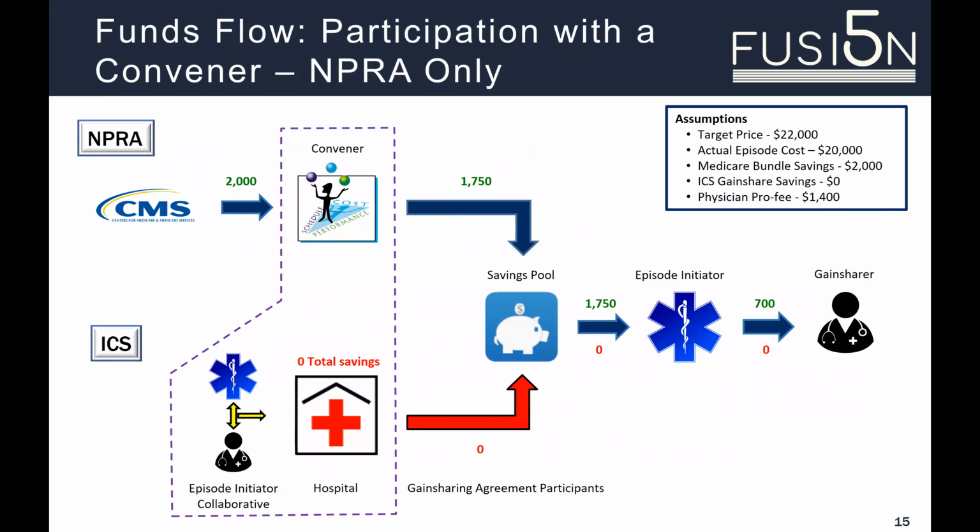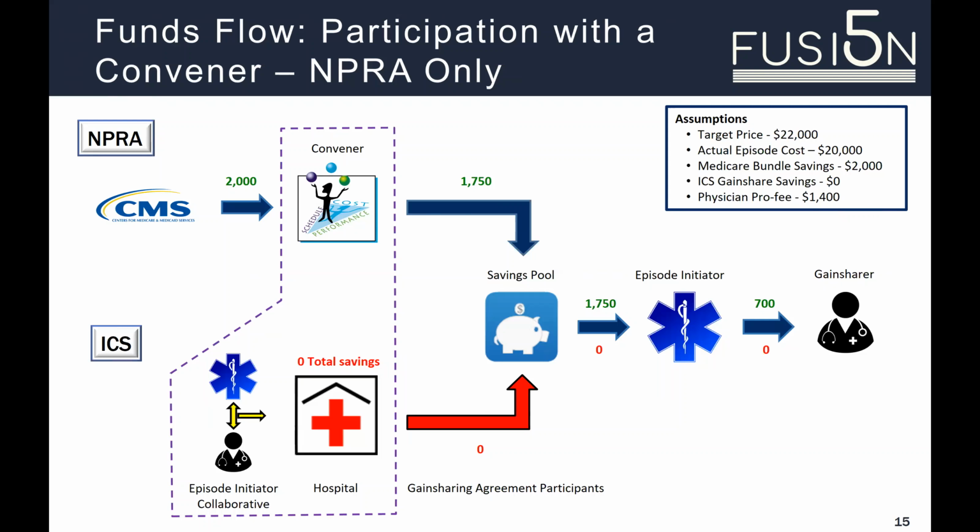Now let's just say that that is the only savings you have, that positive variance to spending calculation. Let's say in this bottom half here that you have no internal cost savings. That money, that $1,750, as you follow the piggy bank right, then can flow to you as the episode initiator, and then flows to your surgeon. So the surgeon is capped at 50% of the fee for service.